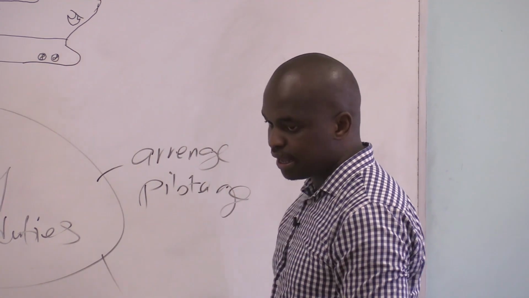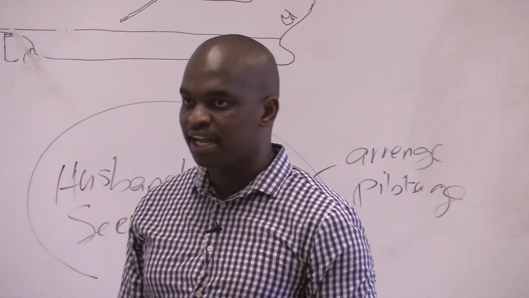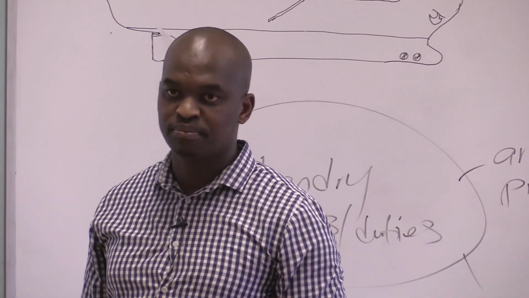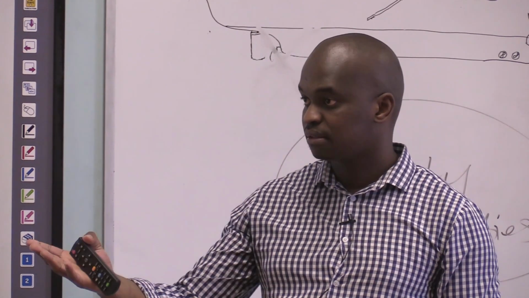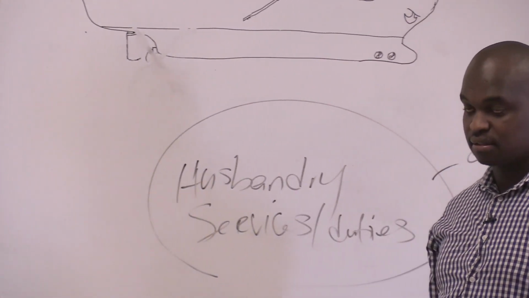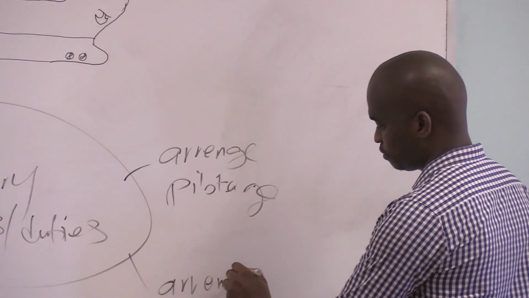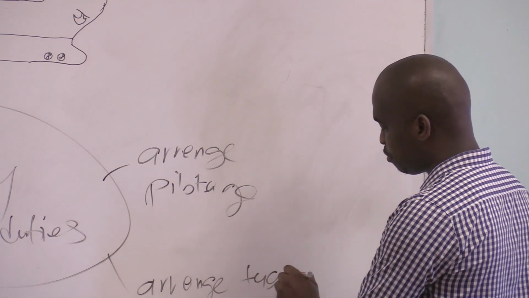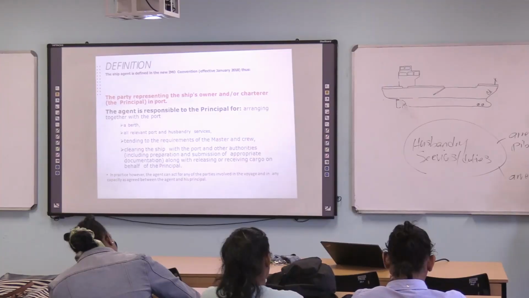And what other services do you think the agent will have to arrange on behalf of the ship, either when leaving or coming into port? Yes, the agent will have to arrange tugs, or tugboats, sorry. What else?